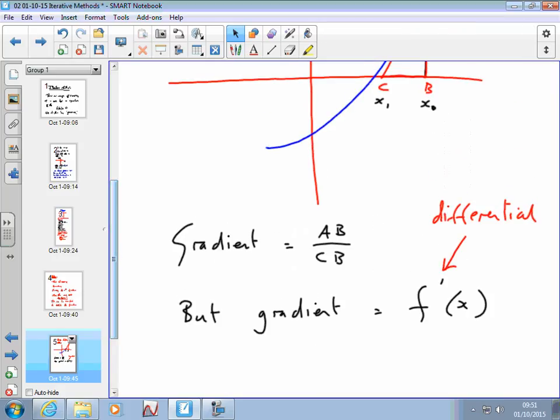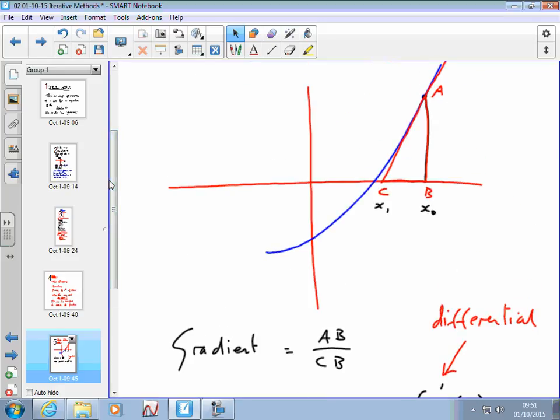And we also know, by looking at this, that the length of this line AB here is actually just the value of the function when x is x0. So when x equals x0, f(x) gives us the length of this line AB, doesn't it?